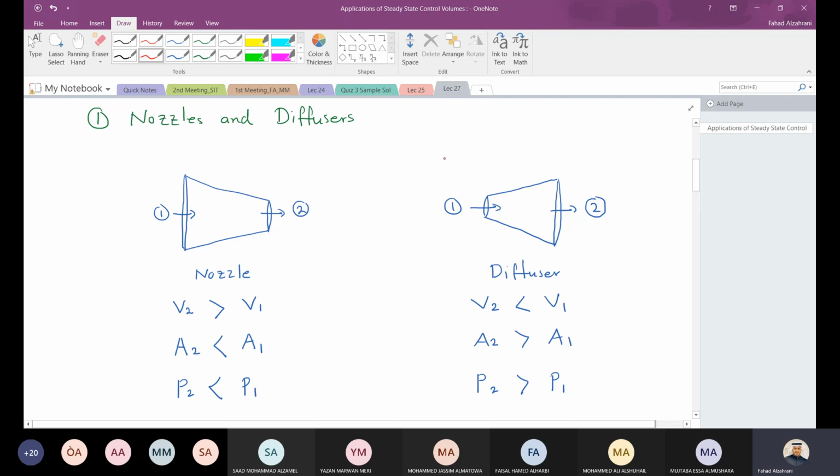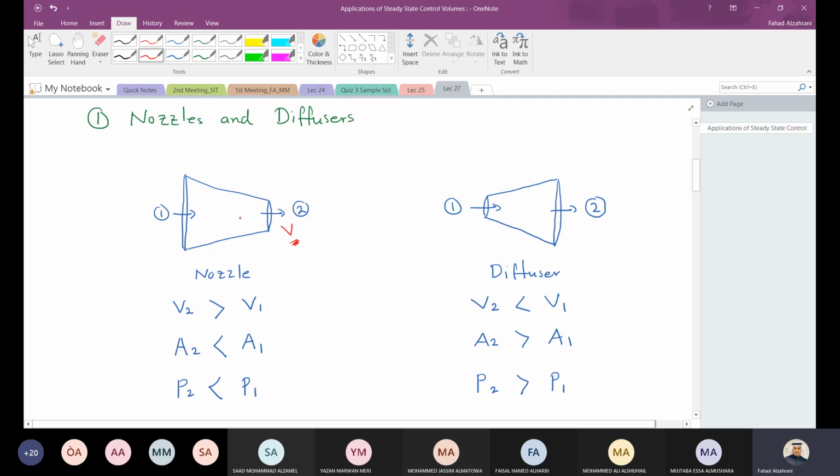So a nozzle is a device with the objective of increasing the velocity at the exit. Let's say you have a mass flow rate in a pipe, and at a certain location in the pipe you want to increase the velocity of this flow.